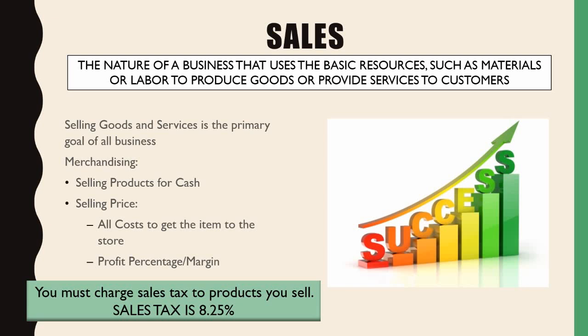So when we look at this, we're looking at how much it costs us to purchase our items of inventory and what selling price allows us to not only cover our cost to purchase the items, but also make a profit. The selling price is going to include the cost of goods sold, or all costs to get the asset to the store.